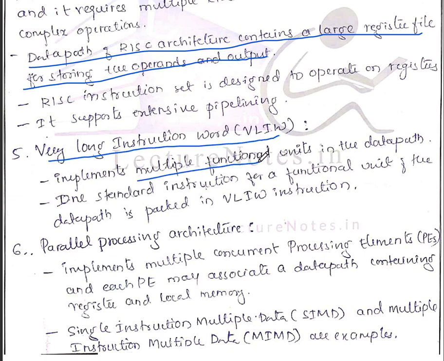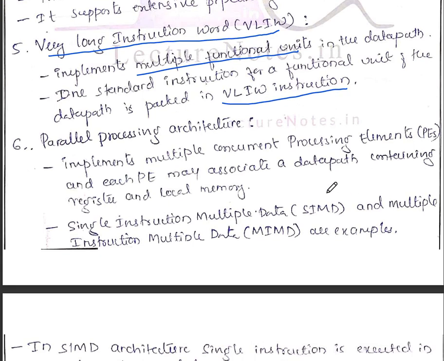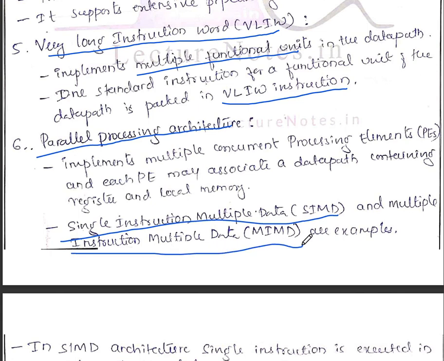It implements multiple functional units in a single data path. And one standard instruction for a functional unit of data path is packed in the very large instruction word instruction. Next one would be parallel processing architecture, in which single instruction multiple data and multiple instruction single data are the examples of parallel processing architecture.